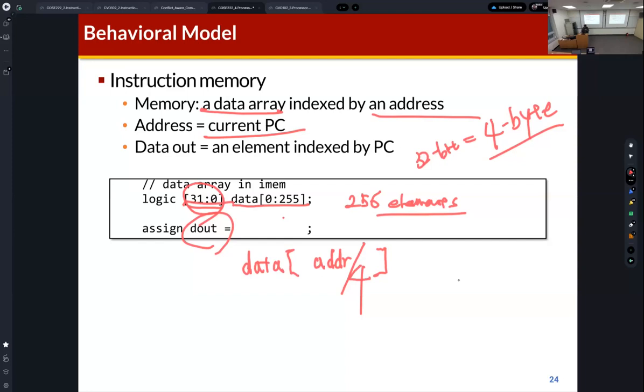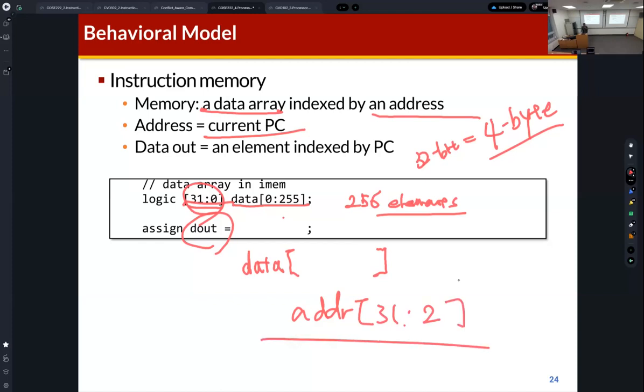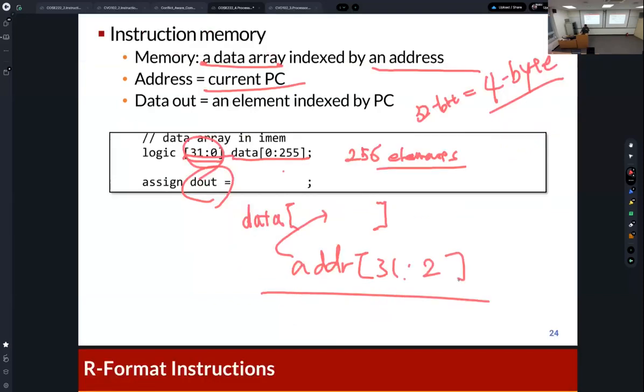Actually, we do not write it like this, because we use address bits 31 down to 2, which is equivalent to dividing by 4, right? So this is the behavioral model of the instruction memory.